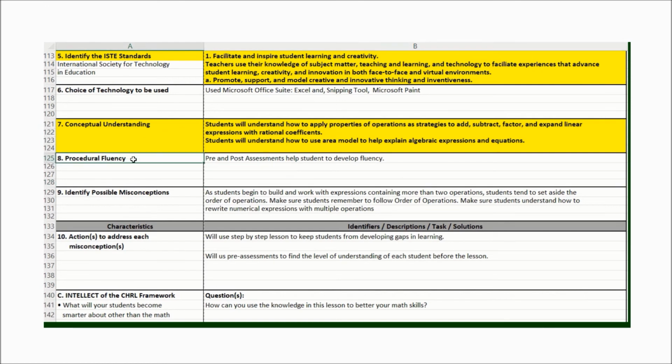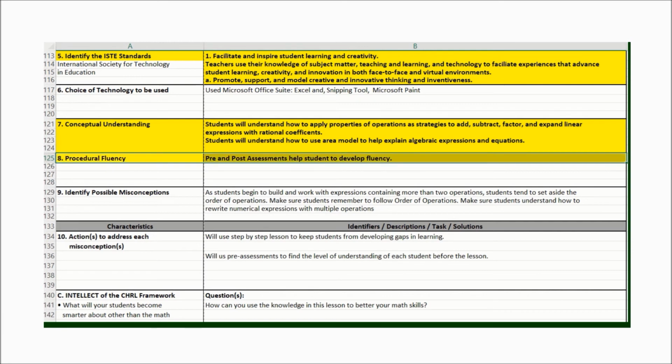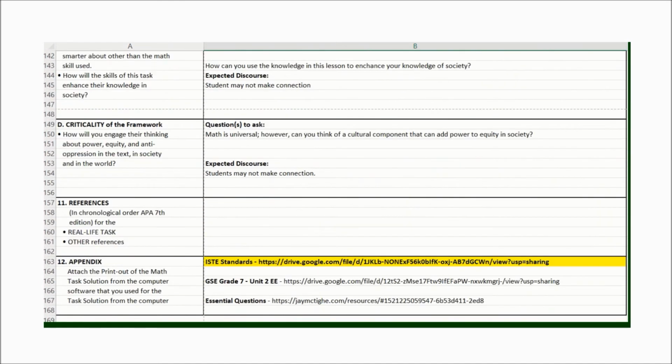We went on to the procedural fluency, which goes back to my pre-assessment. The pre-assessment is in a Google Doc, and whether the student gets the answer right or wrong, the Google Doc gives them the answer, and they can keep taking that pre-test to sharpen their knowledge before, during, and after the lesson.